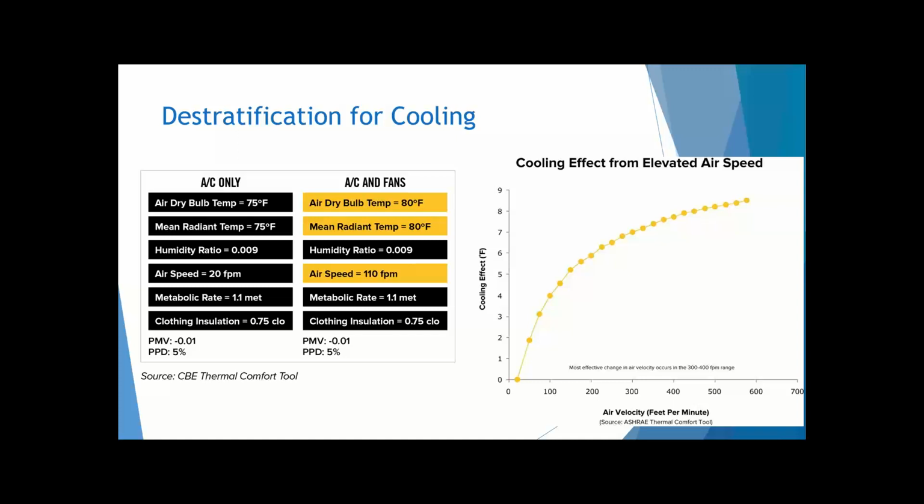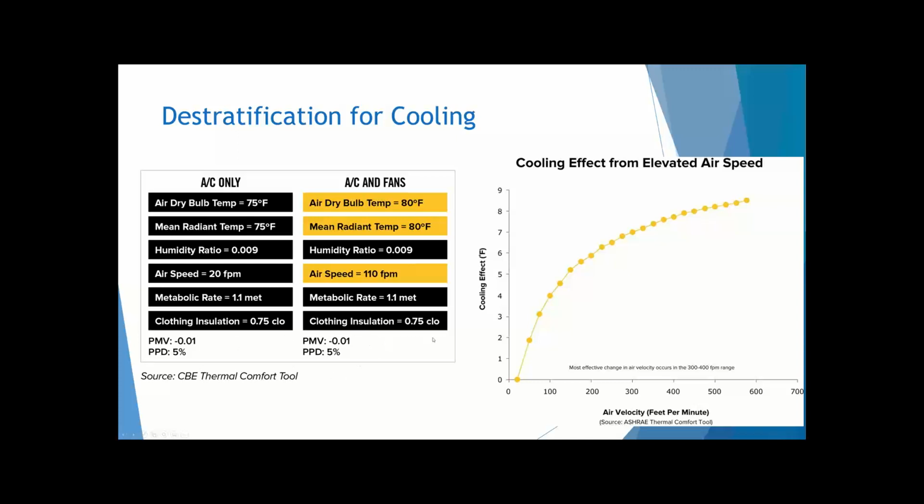So you've just increased the set point 5 degrees. According to Big Ass Fan's theory of 3 to 6% per set point, you're decreasing your energy load by 15 to 30%, which is a huge savings in the long run. And you're still getting the exact same conditions, and it's still satisfying ASHRAE 55.